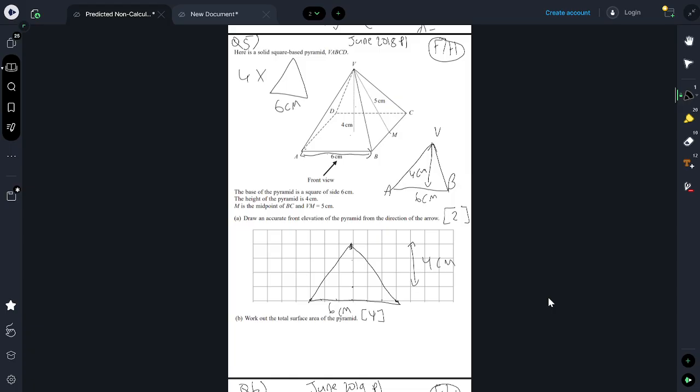The height this time is 5, because this little height here is slanted, that's the perpendicular height of the triangle. The reason it's not 4 is because the 4 is not hitting the triangle, so it cannot be the height of one of these shapes. But this height here is in the middle of the triangle, so this is the height of one of these triangles. That's the height.